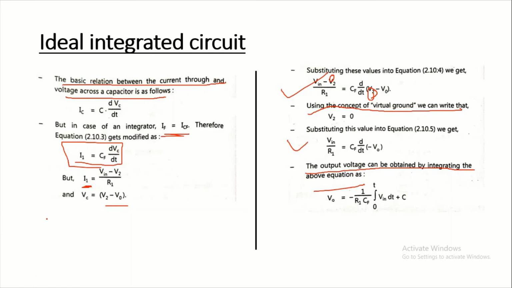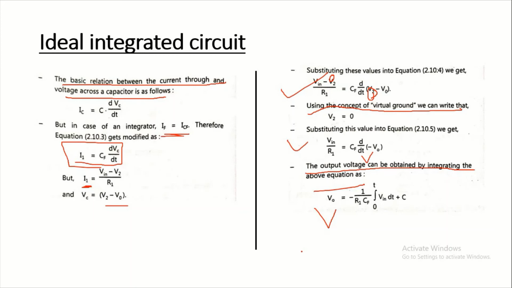So to eliminate this derivative term, we have to integrate this equation. Therefore, using the integration, the output equation becomes V0 is equal to minus 1 upon R1 CF times the integration from 0 to t of Vin dt plus C. Here C is the constant of integration and it is proportional to the output voltage V0 at t equal to 0 seconds.